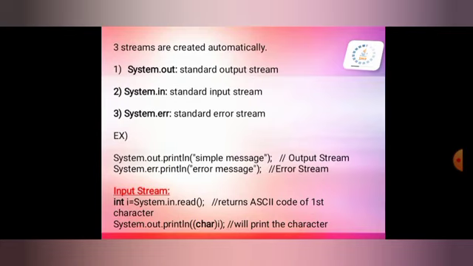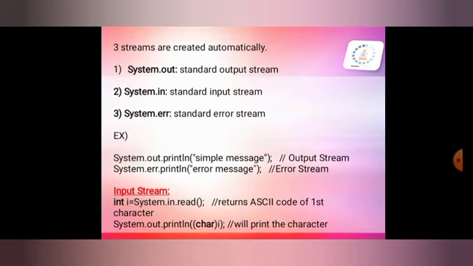System.error.println: here System is the class, error is the instance of the System class, and println is the method. It captures the error while executing the program and displays the error message on the screen using the error stream.